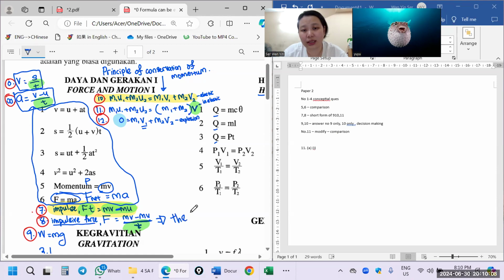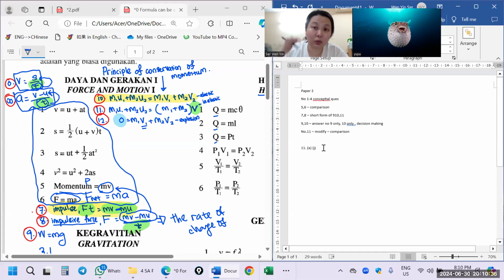So we always say the rate of change of something on top. So actually, what is MV? MV is momentum. So for example, what is acceleration? Acceleration is the rate of change of velocity. And what is velocity? The rate of change of displacement. Get the way how to remember the definition.